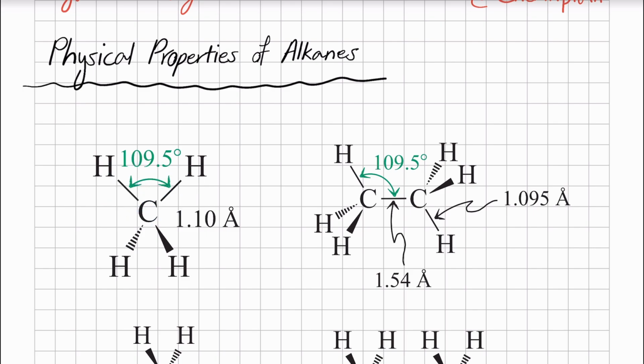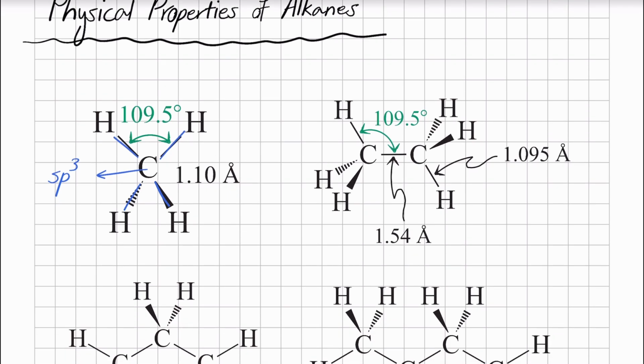Actually, I need to refer to inorganic chemistry, which we say when carbon has 4 identical bonds, like here, hydrogen, hydrogen, hydrogen, hydrogen, the hybridization of carbon would be sp3.